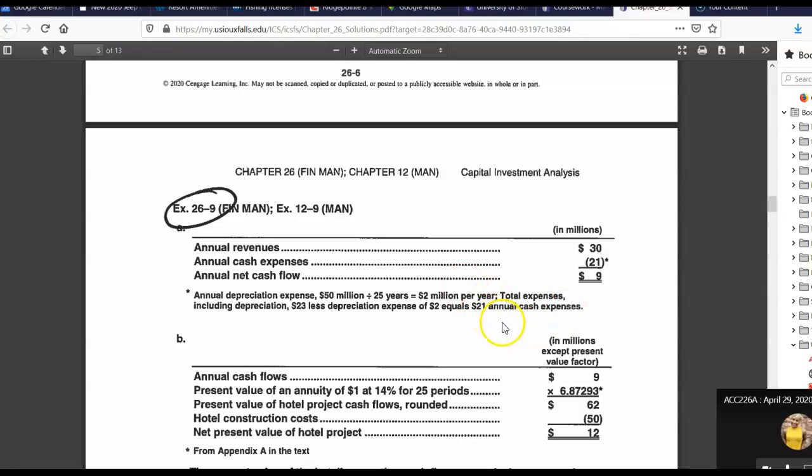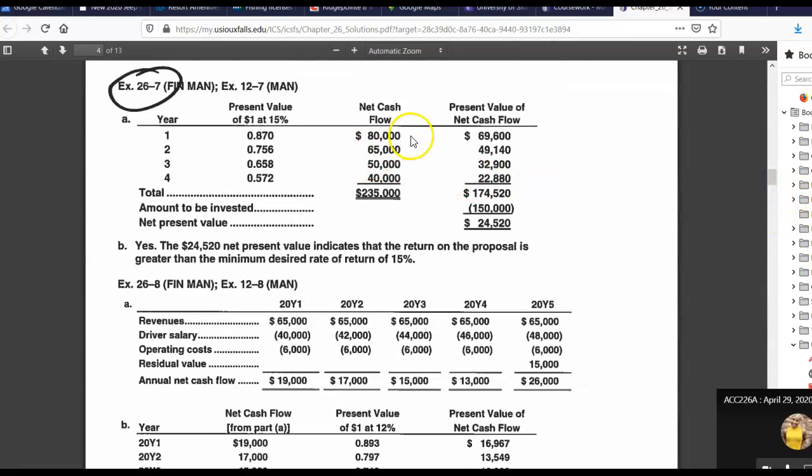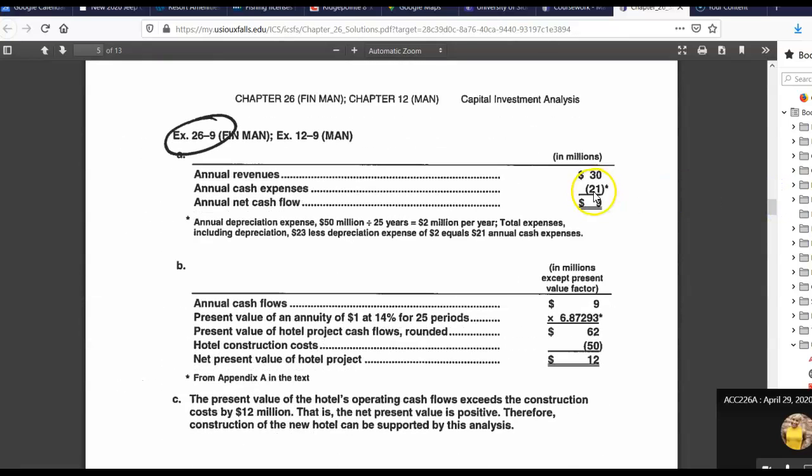Okay, so then that means 30 minus 21, we have 9 million of cash flows every year. Comparing it to this one, we had different cash flows every year. This one, which is extremely unrealistic, is 9 million every year for 25 years, 9 million.